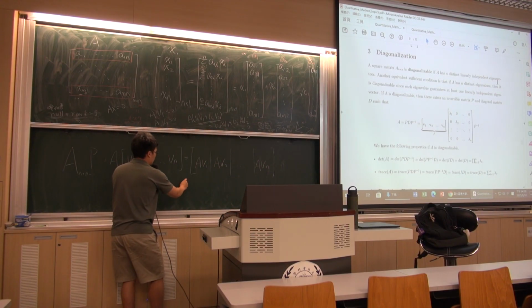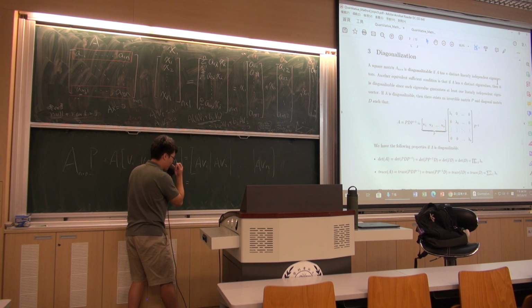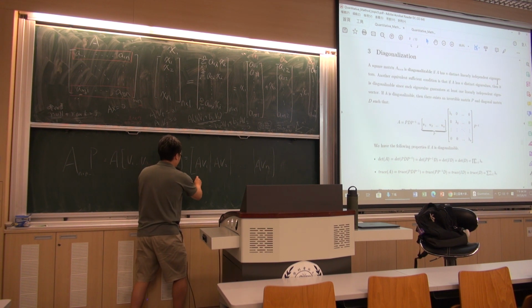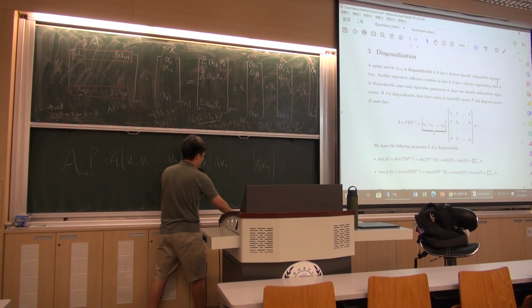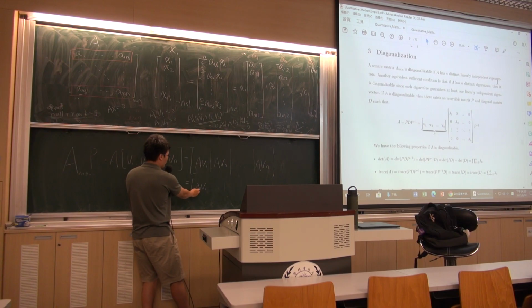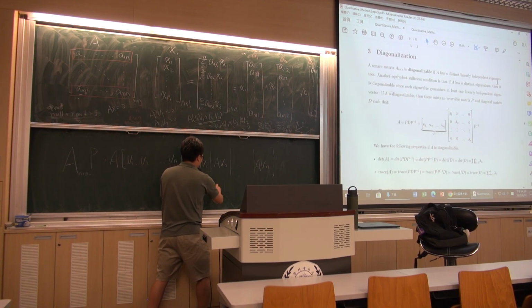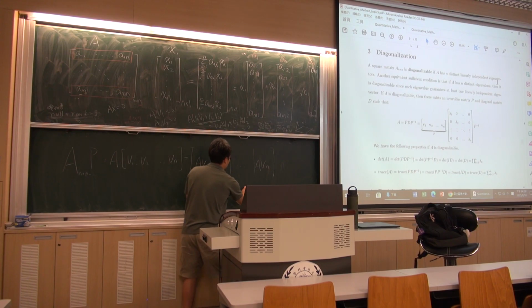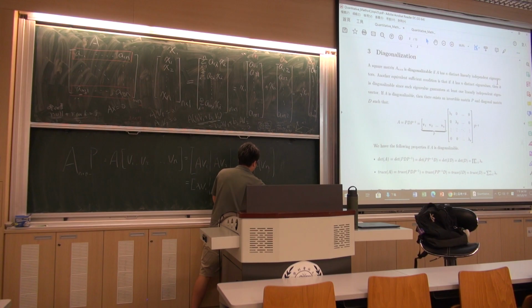According to the definition of eigenvectors, what we will get is the corresponding eigenvalue for each column, right? This is the nth column.